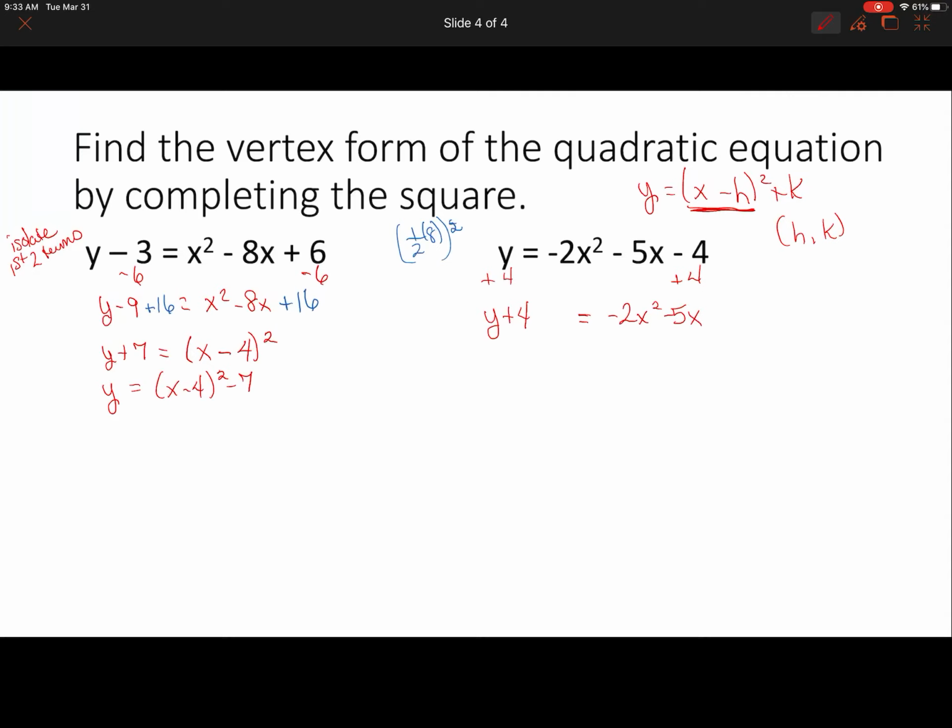So we don't want to take the greatest common factor out. We just want to take the leading coefficient and factor it out. So our y plus 4 hasn't changed. We're going to factor out a -2, and so if I divide the first term by a -2, I get an x squared. If I divide my second term by a -2, I will have a positive 5/2 x.